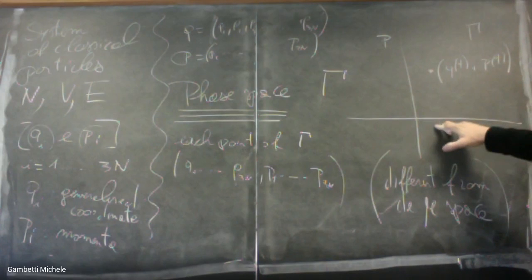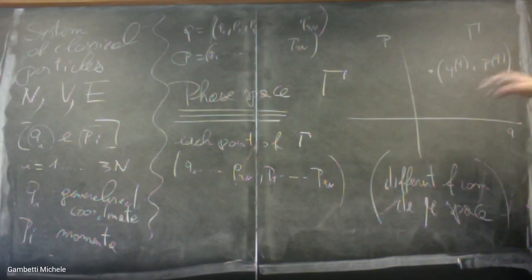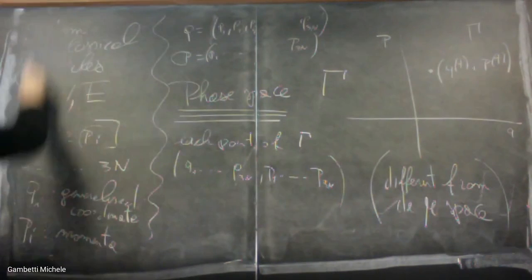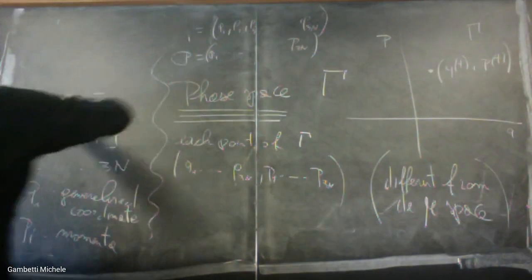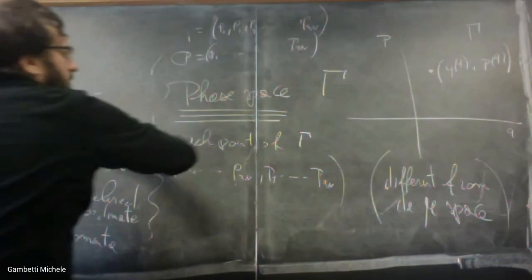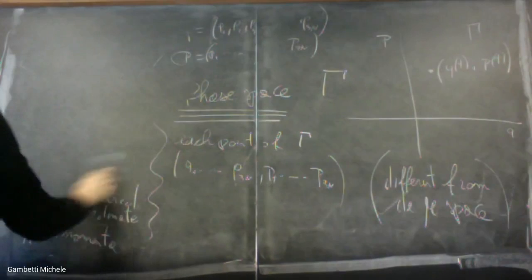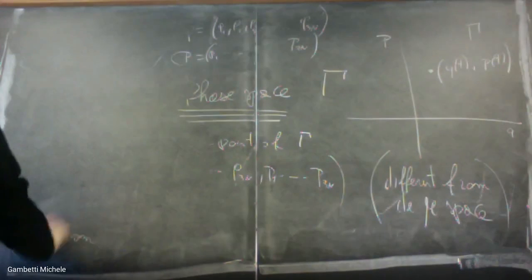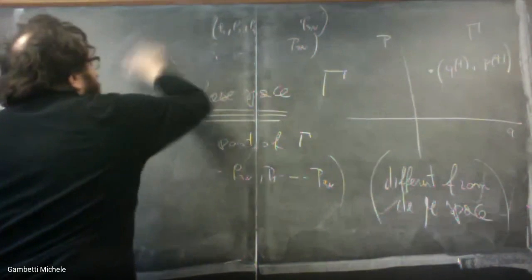Here instead the axes are all of Q and P. Now, of course, you know that there is a temporal evolution of P and Q, which is provided by the Hamilton equations.